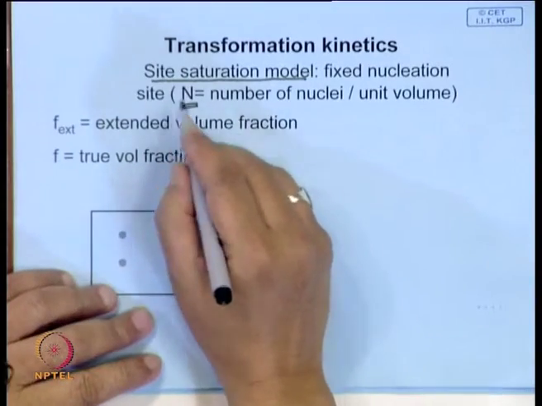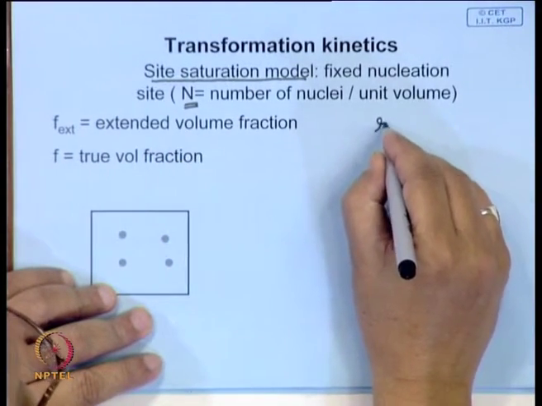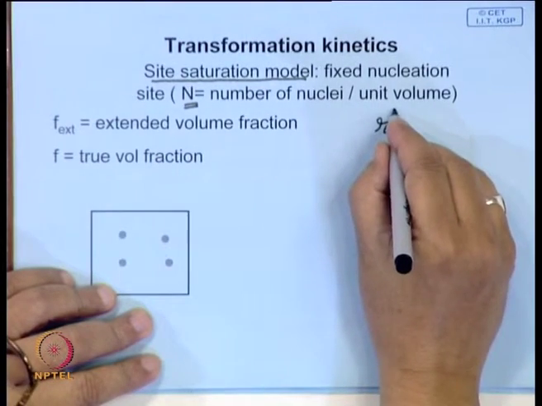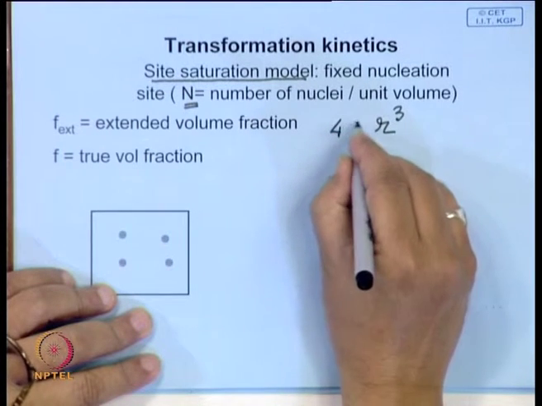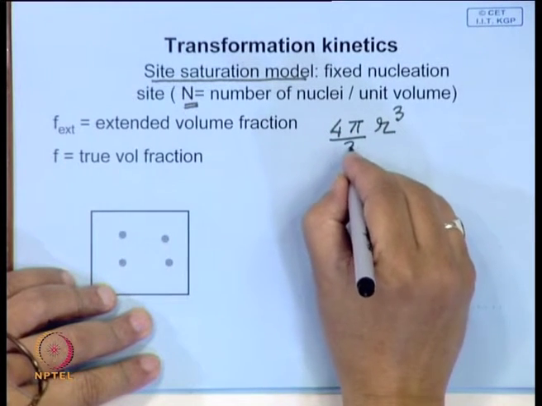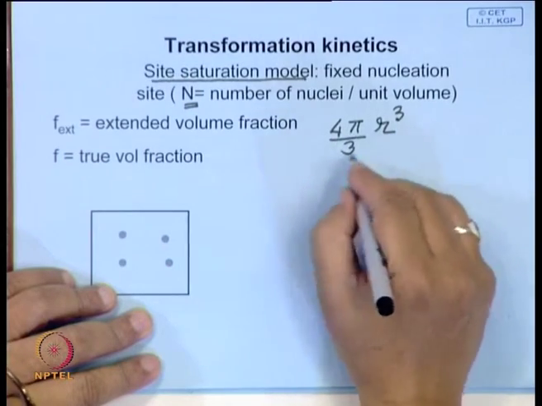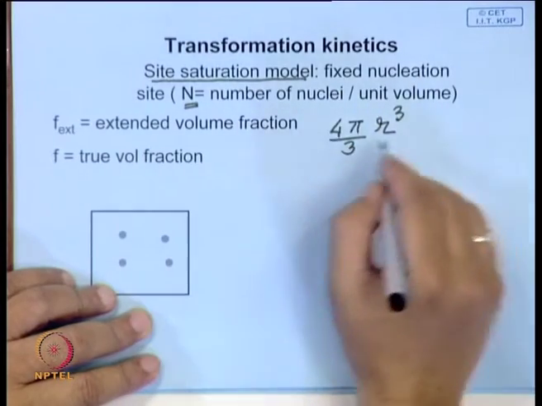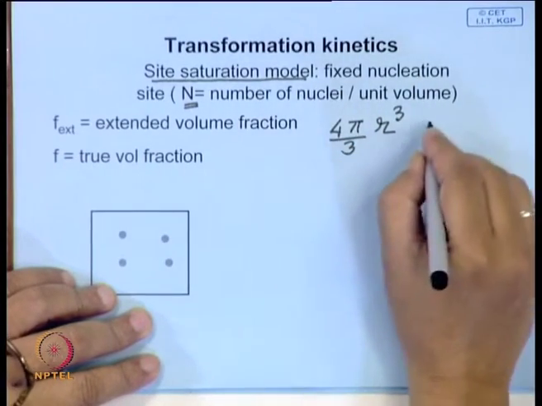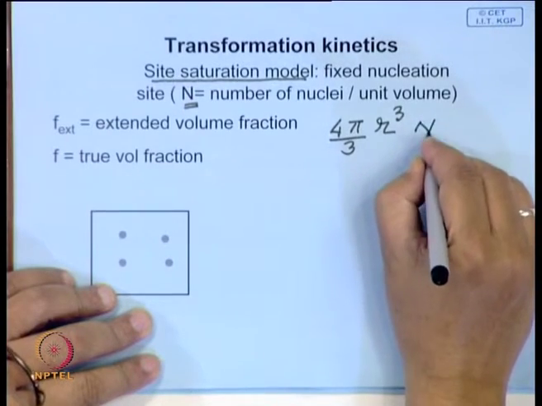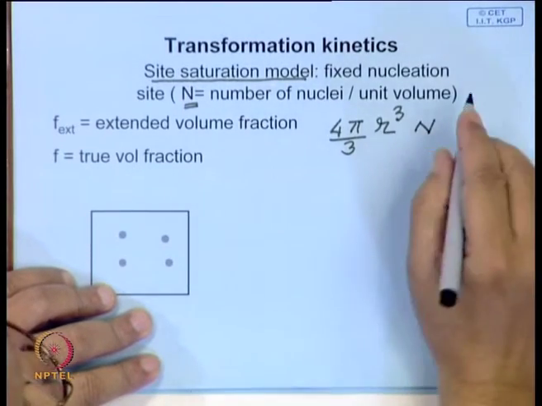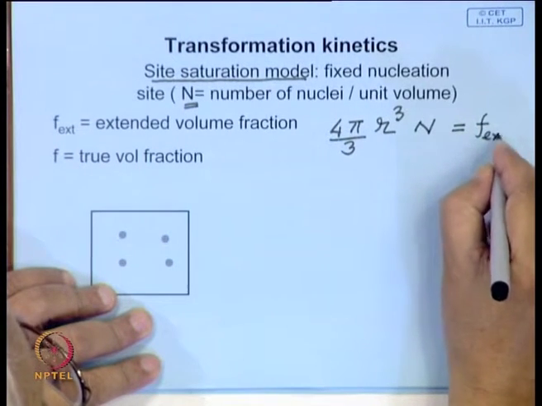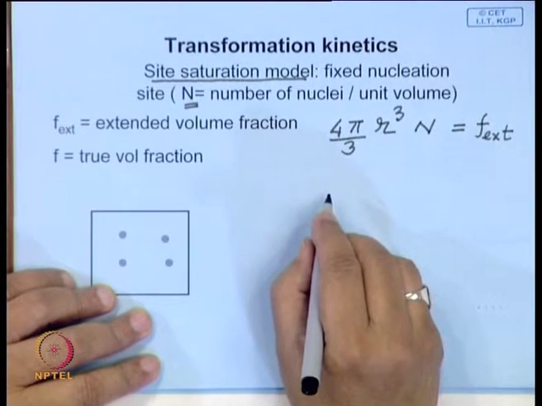So, you can easily find out, suppose the radius of that nucleus is r. Your volume will be proportional to 4 pi by 3 r cube. So, this is the volume, and if there are n nuclei of this type, you multiply this with n. Therefore, this we can say is equal to the extended volume fraction.